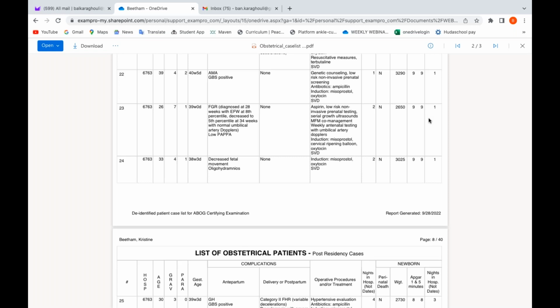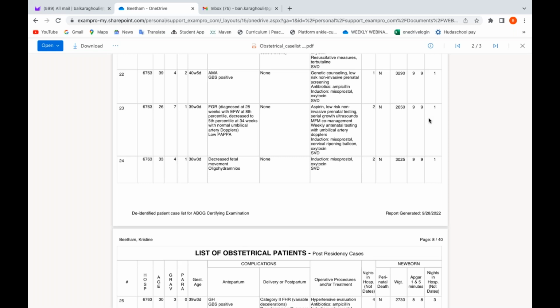How do you manage a patient with IUGR? So I would definitely be seeing the patient more frequently in the office. I would want to evaluate for possible causes of the IUGR. In general, after having a diagnosis of IUGR, I would want to continue from that point forward with serial growth ultrasounds about every 2 to 3 weeks.